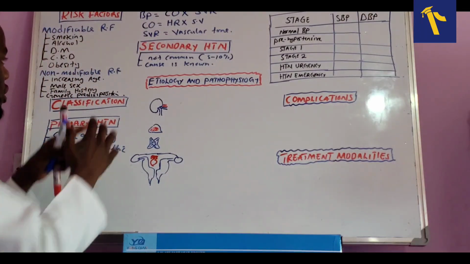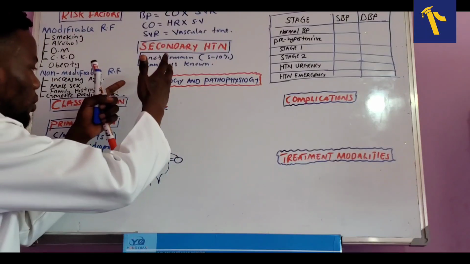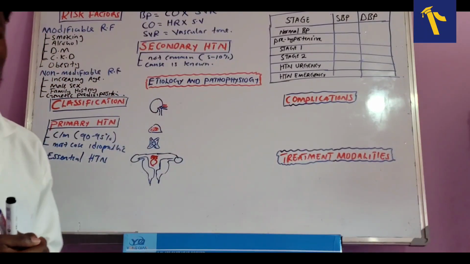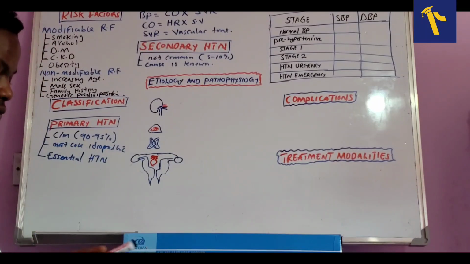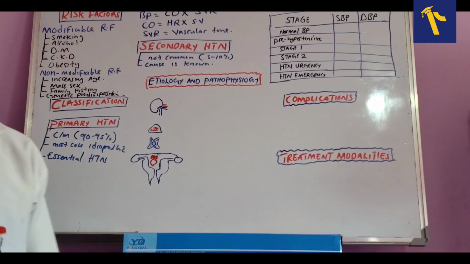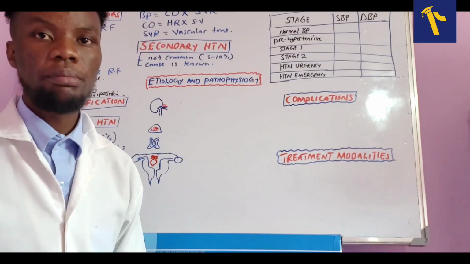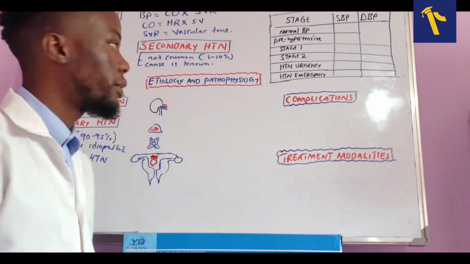Now, since we know the cause of secondary hypertension, we need to talk about those causes, the things that can cause the elevation of blood pressure. Since there are a lot of causes of secondary hypertension, we're going to use a mnemonic to help us remember them.